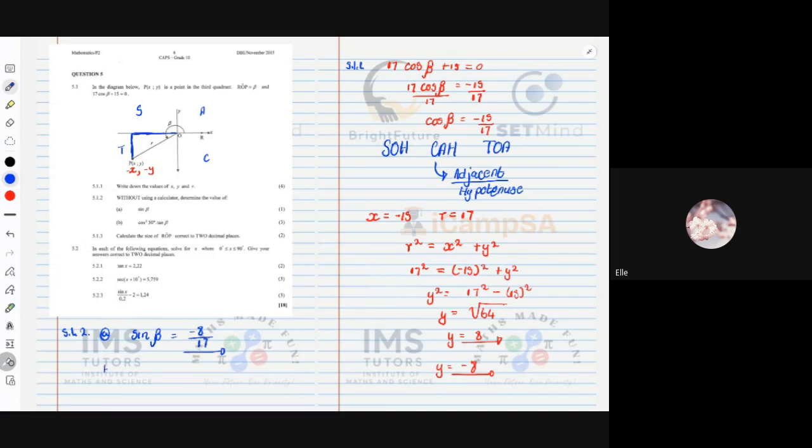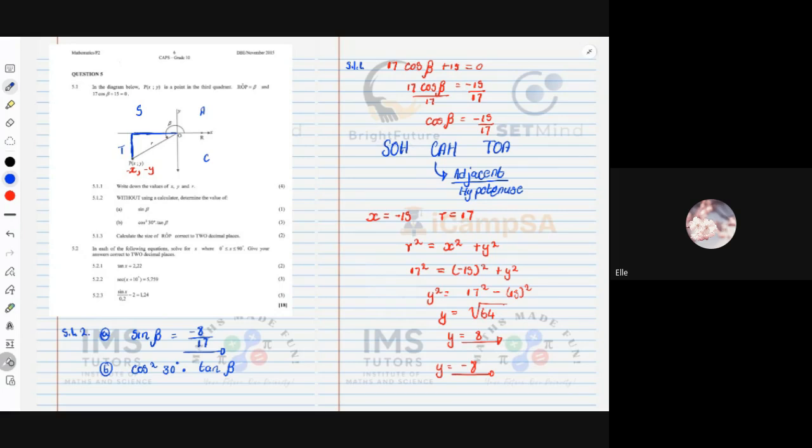Then for (b), cos squared 30 degrees times tan beta. Tan beta, we are in the third quadrant whereby tan is positive. So essentially here we have cos 30 degrees squared.